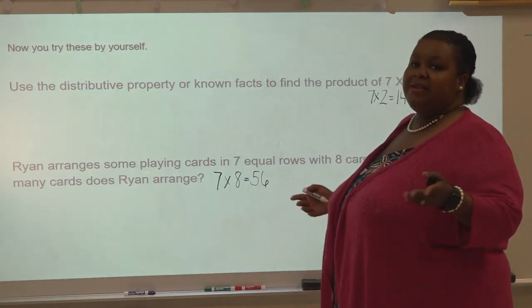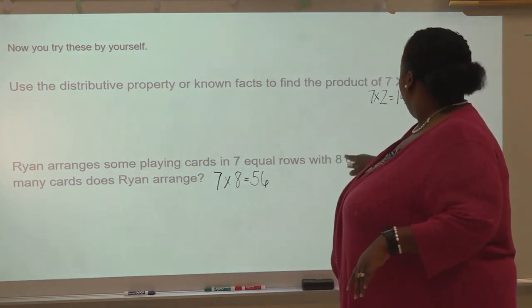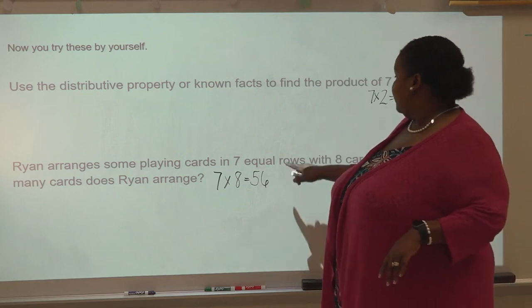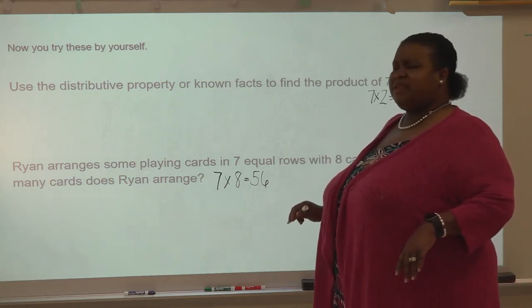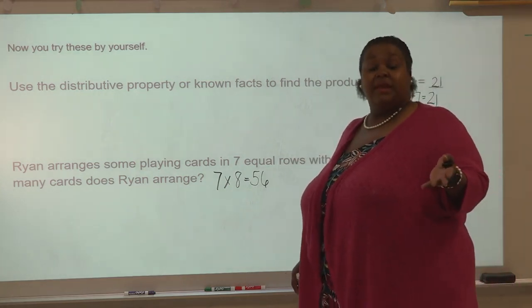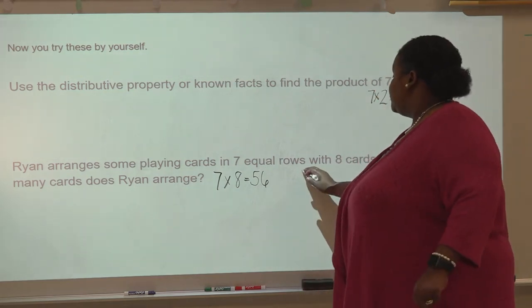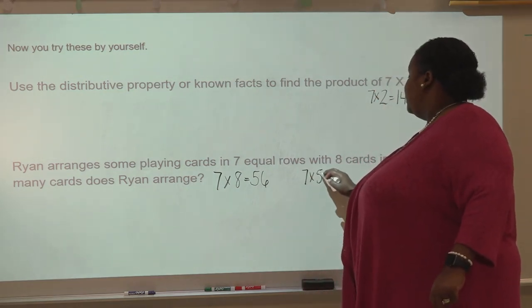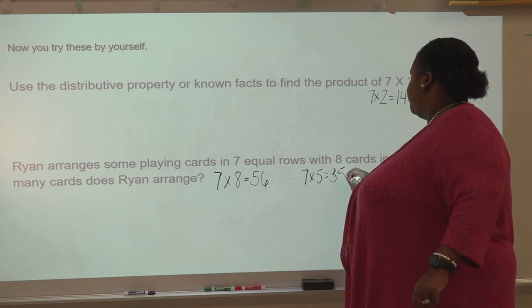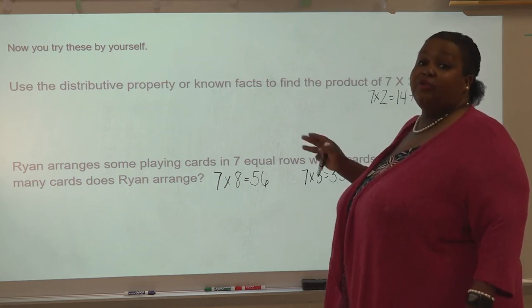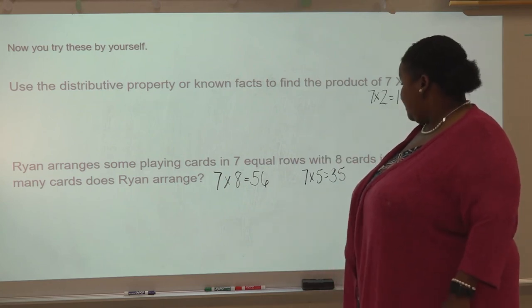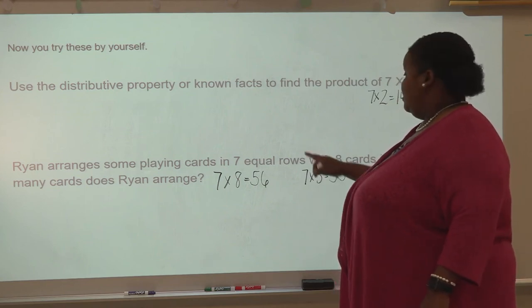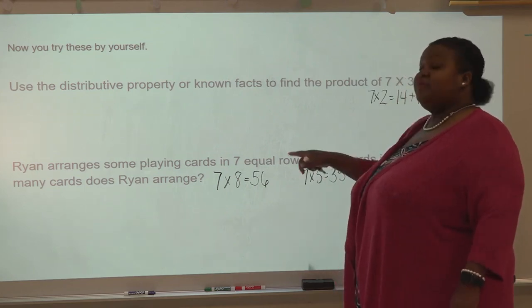But if I didn't know that trick, if I want to use a known fact for 7 times 8, I could start with 7 times 5. I know that 7 times 5 equals 35. Now I just need 3 more 7s to get to 7 times 8.